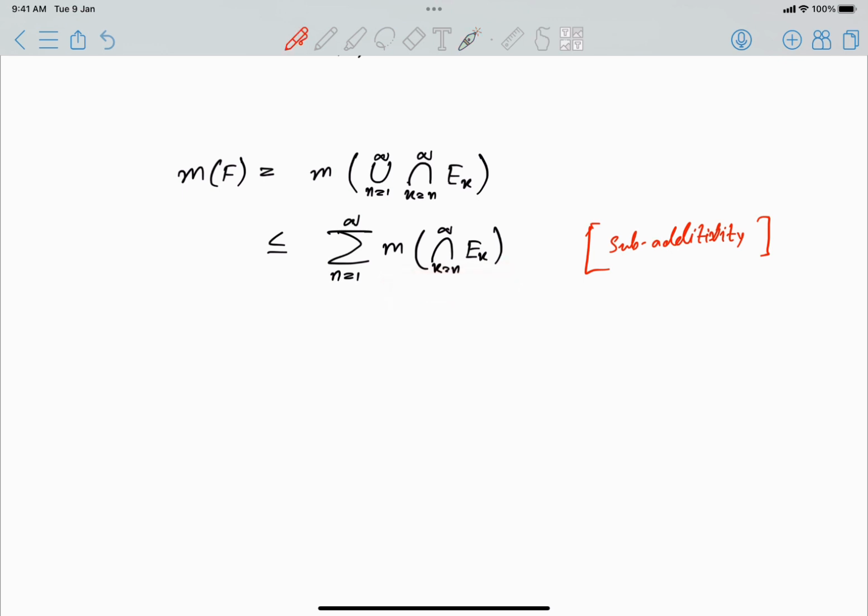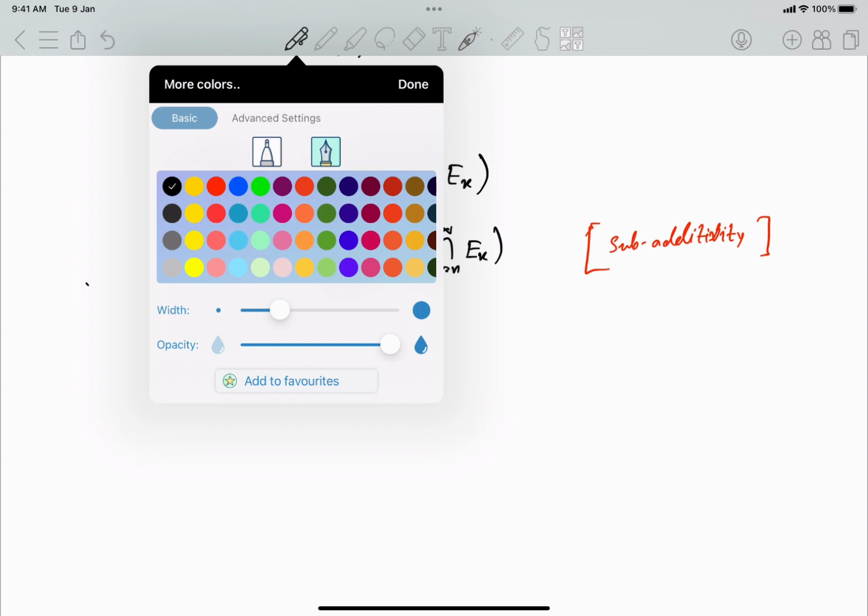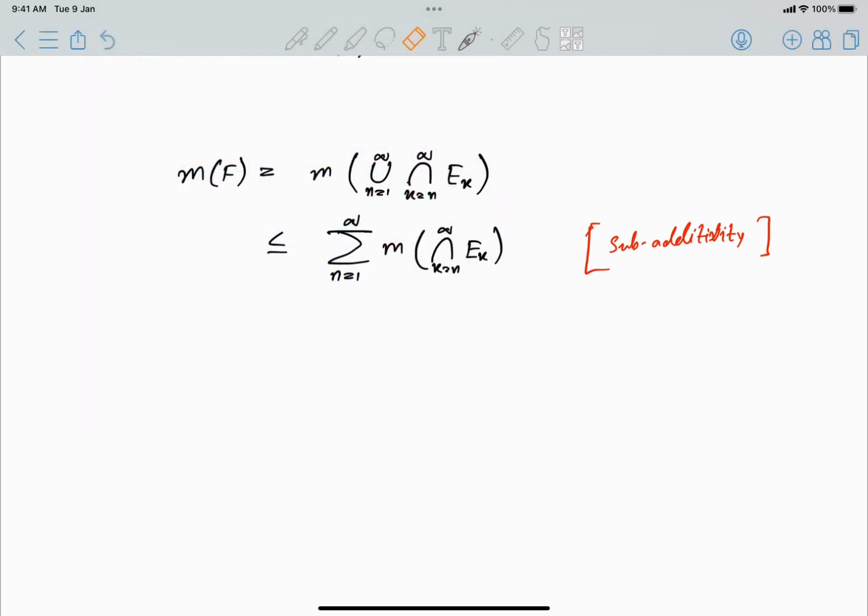Now here we need one observation. This observation is crucial: intersection k equals n to infinity Ek is basically a subset of all Er for r greater than n, right? So what is this saying?